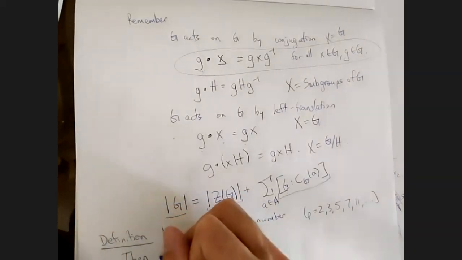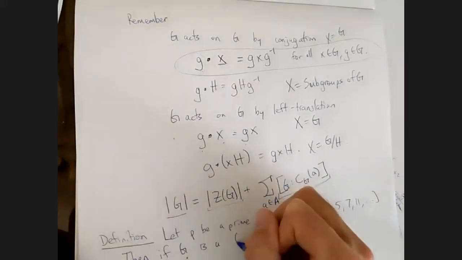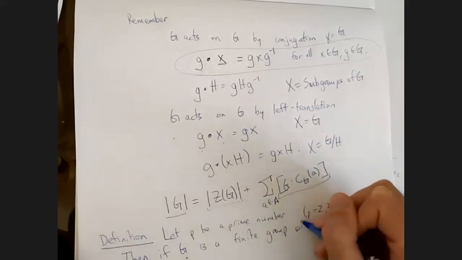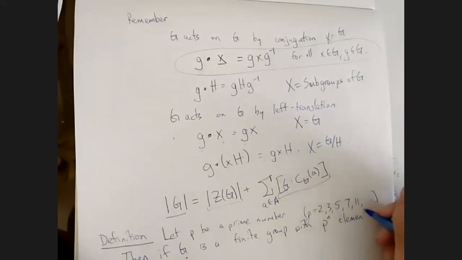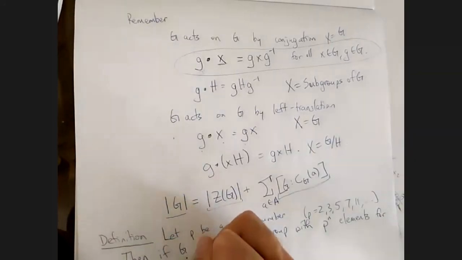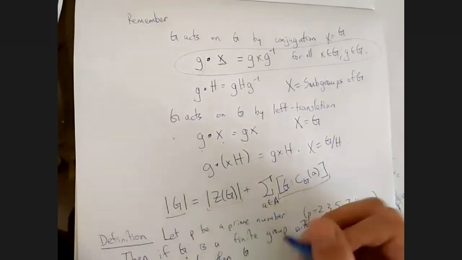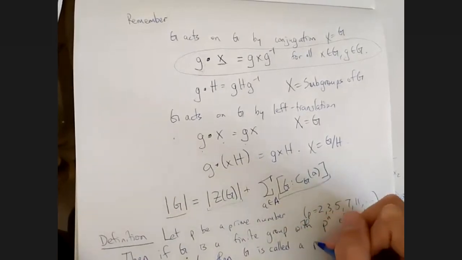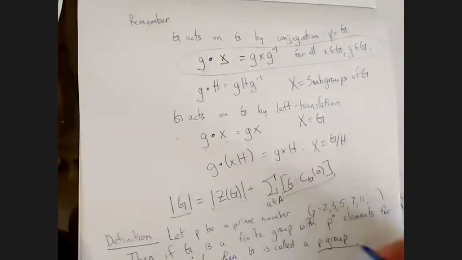And if G is a finite group with P to the n elements for some n greater than or equal to 1, then G is called a P group.